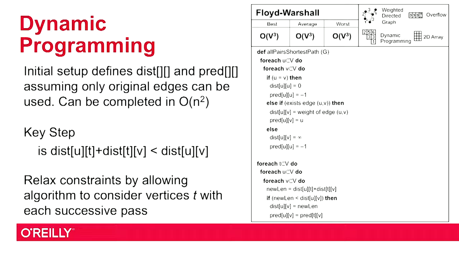So this initial stage of the algorithm will do a nested loop to go for every pair of vertices that exists. It will assign the diagonal entries of the dist matrix to be 0 because there are no edges between a vertex and itself. If there is an edge between u and v, then it will assign the weight of that edge as being the best estimate for the shortest distance between u and v.